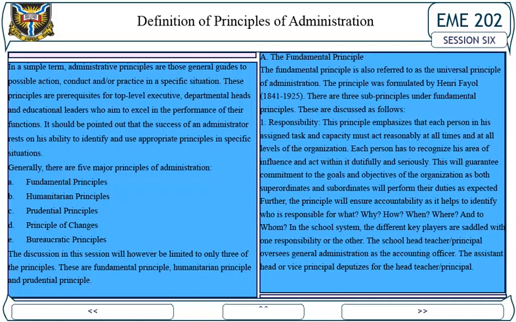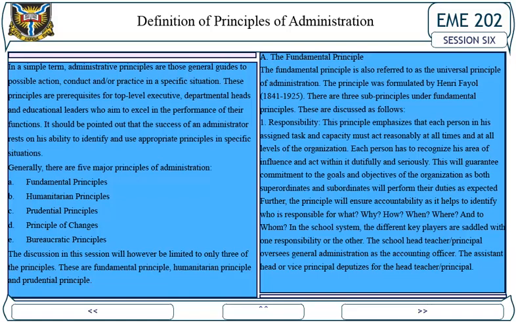This will guarantee commitment to the goals and objectives of the organization, as both superior and subordinate will perform their duties as expected. Further, the principle will ensure accountability as it helps to identify who is responsible for what, why, how, when, where, and to whom.